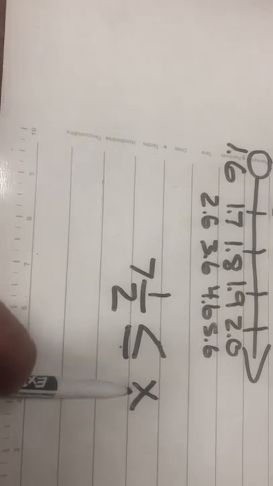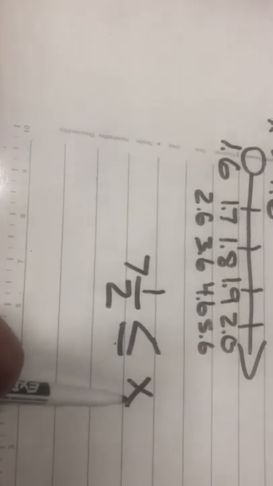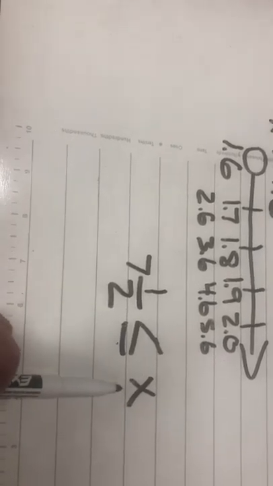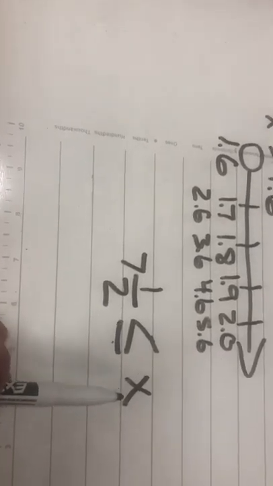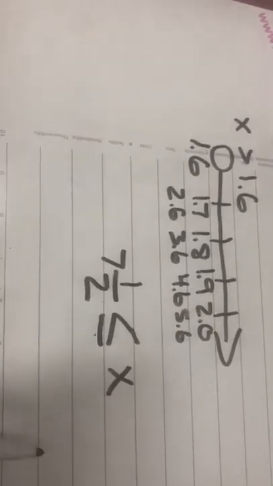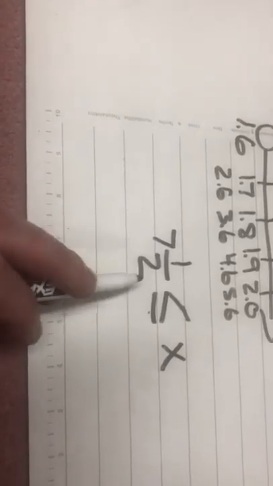It wants what's bigger. And in this case, x is equal to or bigger than 7.5. So this is bigger. So it wants to eat this side. So since it's on the bigger side, my line is going to be going to the right. Okay? That's what that means.